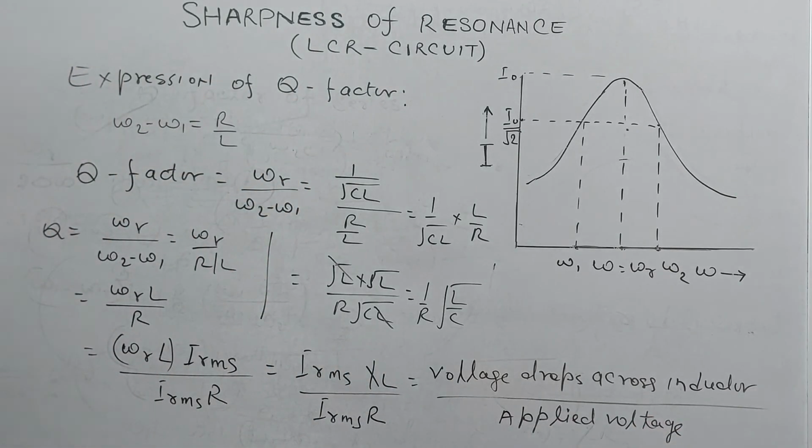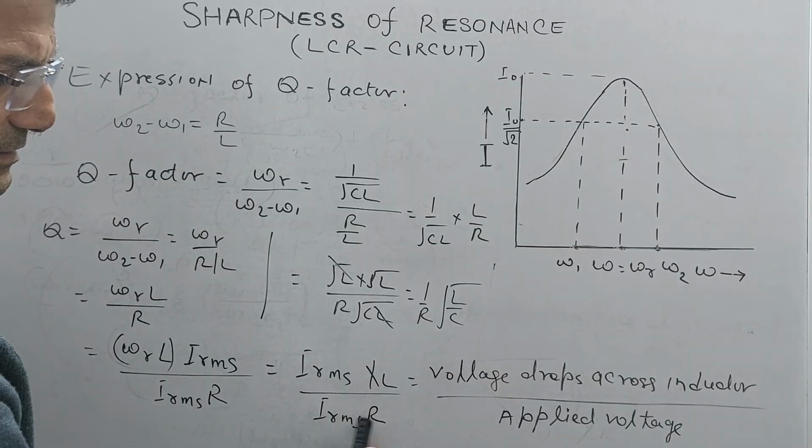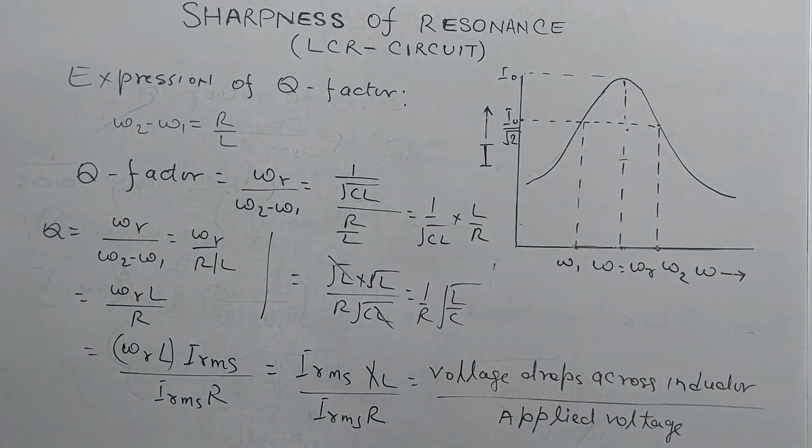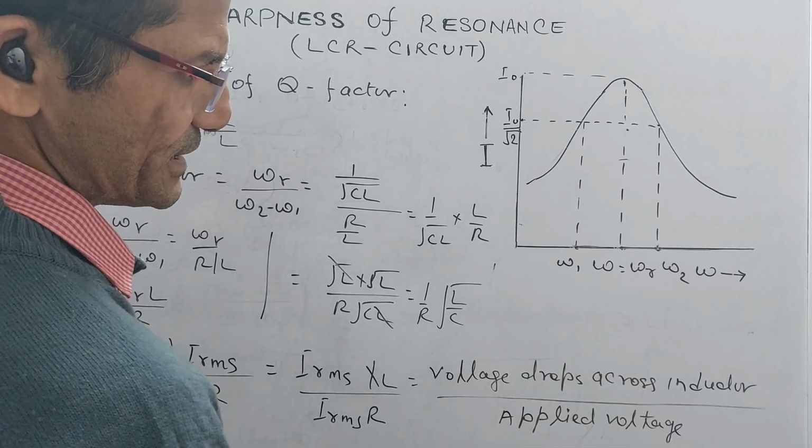This is the applied voltage, because when the applied voltage is at resonant frequency, the impedance of the LCR circuit becomes only the ohmic resistance. So whatever the voltage across the ohmic resistance will be the applied voltage. So here the voltage drop across the inductor divided by the applied voltage.